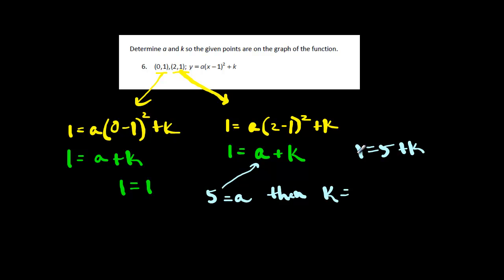So if I subtract 5 from both sides, k is going to be -4. So here's just one answer. You could have a be pretty much anything. You can have a be 2, and if that's the case, k would be -1. And I could do this forever. Whenever you have an identity statement, that means you can just plug in anything for a and then find out what k is. Or you can plug in anything for k and find out what a is.